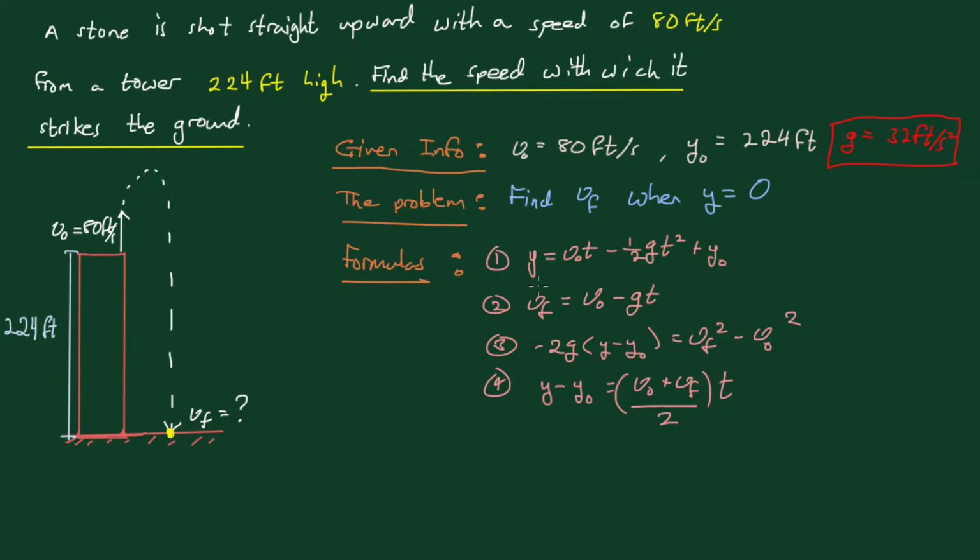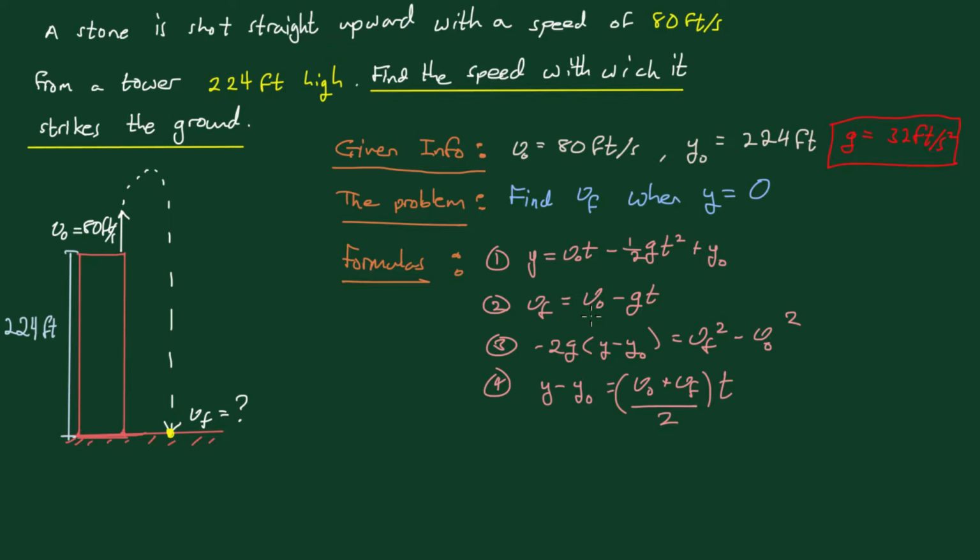It can, but a little bit indirectly, because we have v0, the initial velocity, gravitational acceleration, the initial height, but we don't have time. We can solve for time over here, considering that when y is equal to 0, this becomes a quadratic equation. And then maybe we can use that time and put it in here to solve for the final velocity. So we can do that, but it's a two-step process.